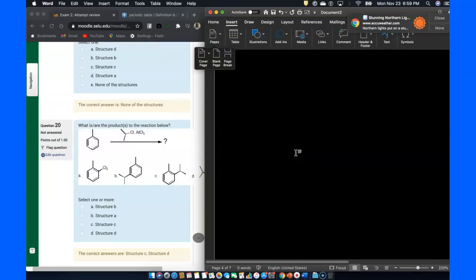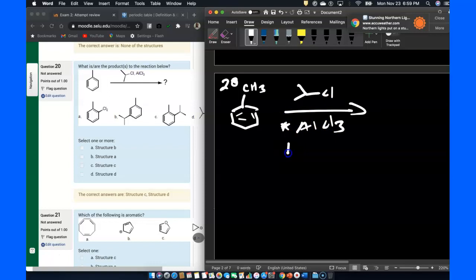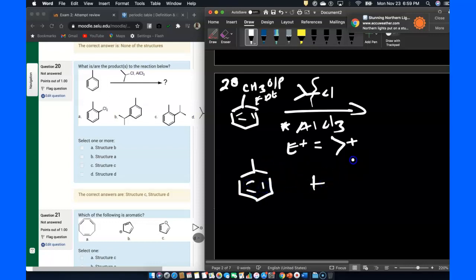Let's do the next reaction. Question 20. These are Friedel-Crafts alkylations. Again, alkyl groups activate the ring. So this is possible compared to question 19. Remember, I know it's Friedel-Crafts, most likely because of the AlCl3. The electrophile here will be the carbocation when the Cl falls off. So that's what's going to be added on the ring. Because this is an EDG, it's going to put the electrophile ortho-para. So, two possible products.